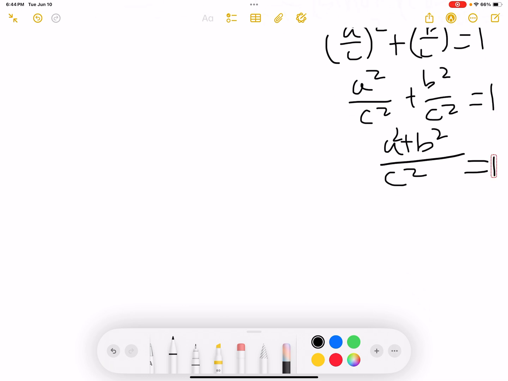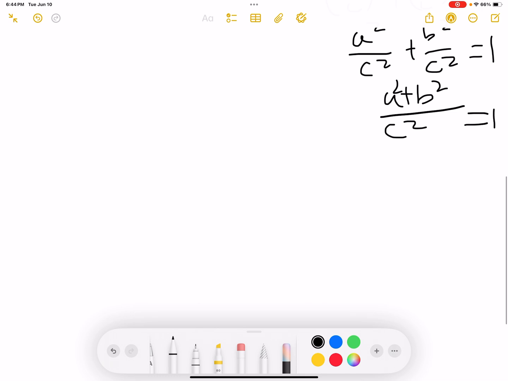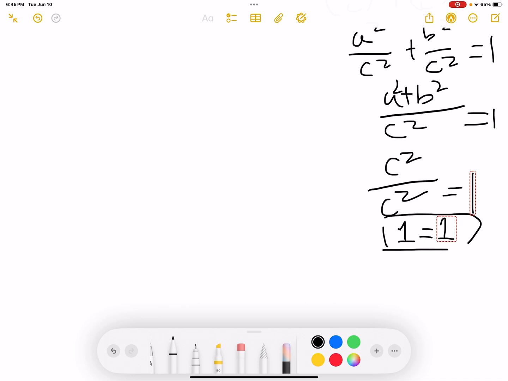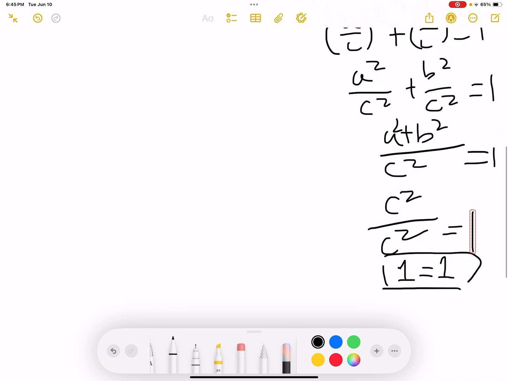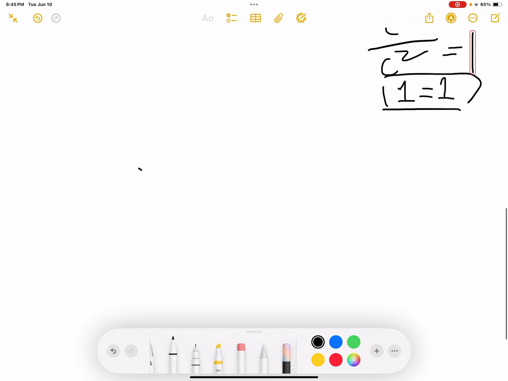Now we see that on the top we have a squared plus b squared is equal to c squared. So c squared over c squared is equal to 1. And we can see that this is true because c squared is equal to c squared. So this is true.